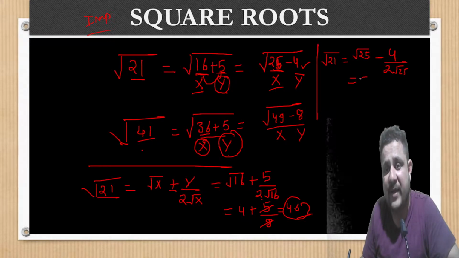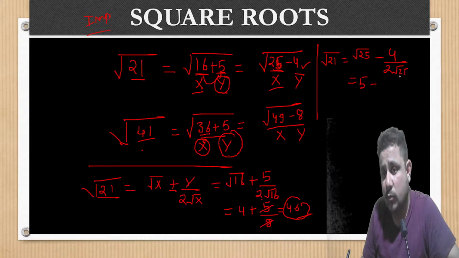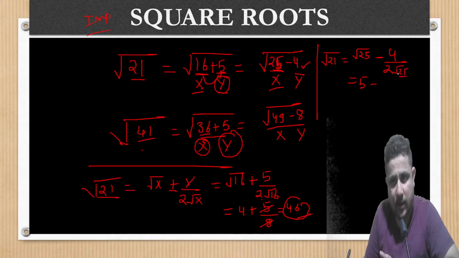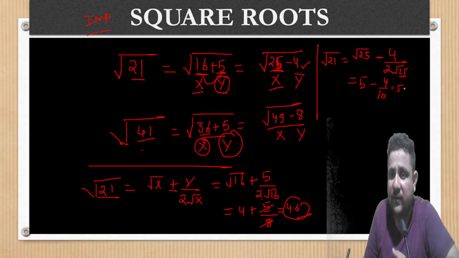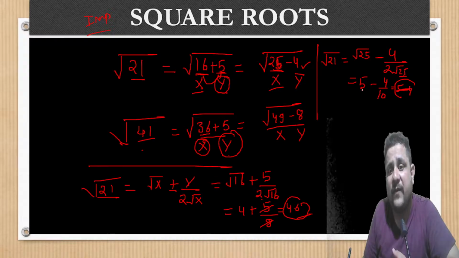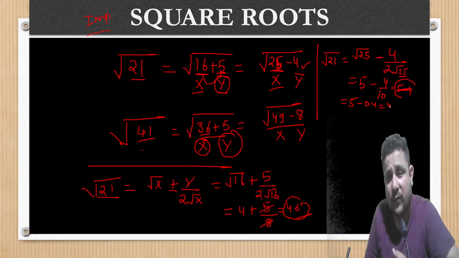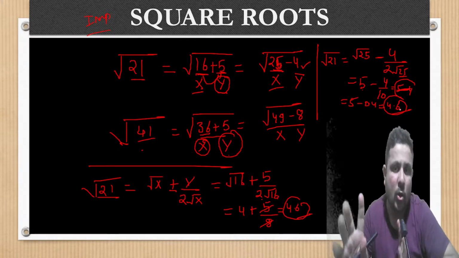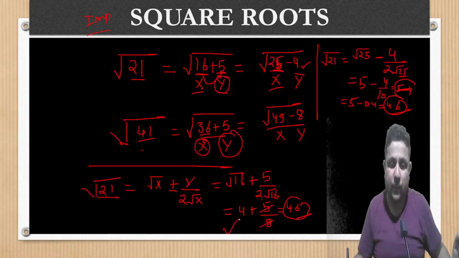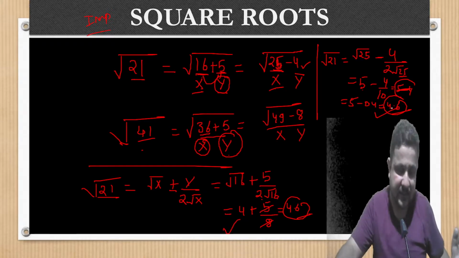Square root 25 is 5, so 5 into 2, 10. So 4 by 10. Sorry, 5 minus, my mistake, 5 minus 0.4. So 4.6. The same thing we are getting from both steps, or not? Here also we got 4.6 and here also we are getting 4.6. I hope this is clear.